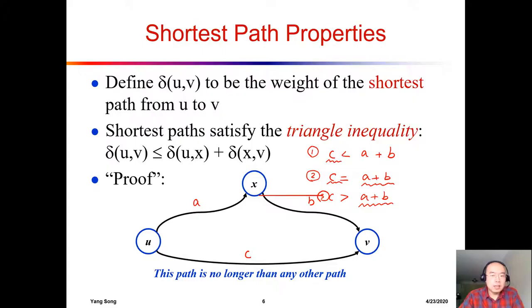Okay, so is it going to be greater than? It is impossible, because if it is greater than, then we are going to take this other part. If this is greater than, then this is no longer the shortest path between U and V.